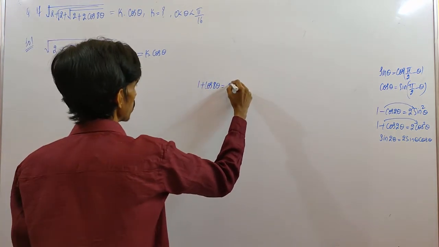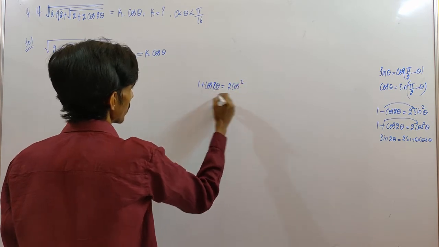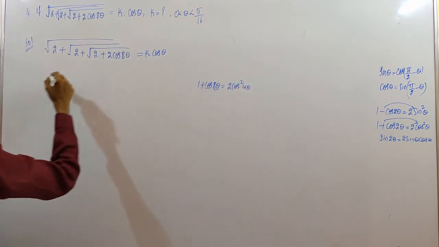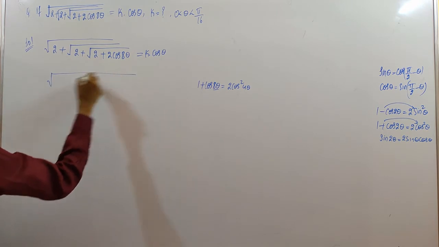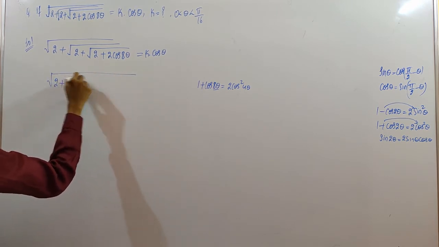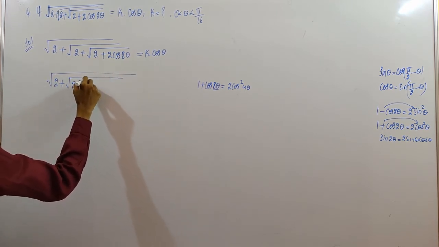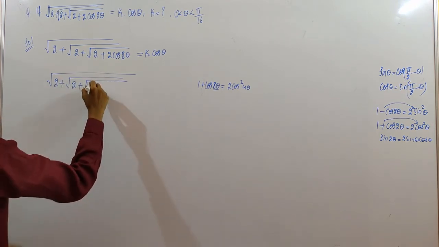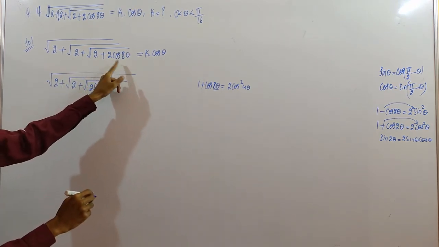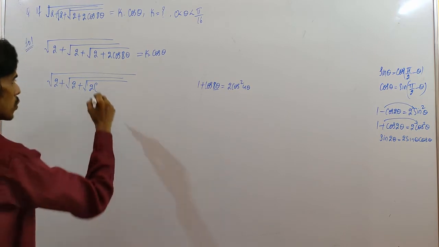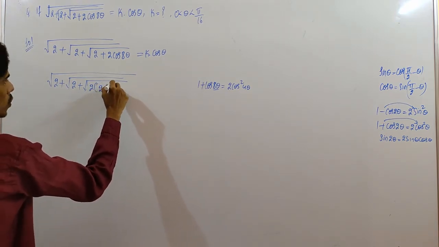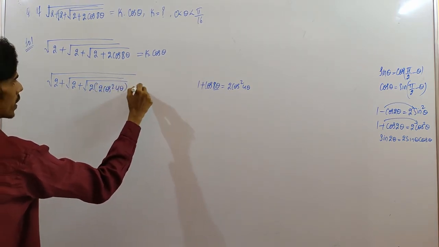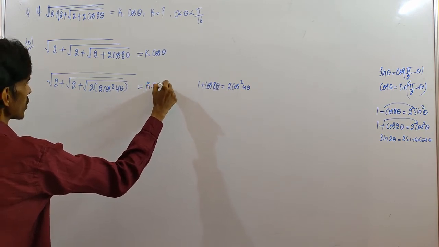So this will become 2 cos square, half of this value is 4 theta. So this can be written as root 2 plus root 2 plus root 2 common, it will become 1 plus cos 8 theta. 1 plus cos 8 theta value is 2 cos square 4 theta, that is equals to k into cos theta.